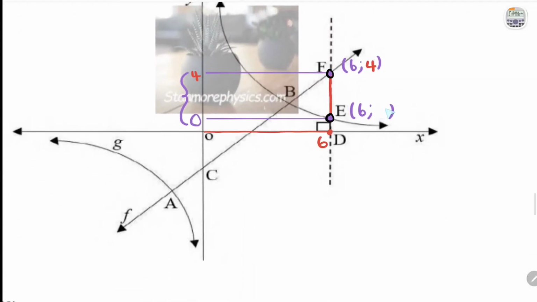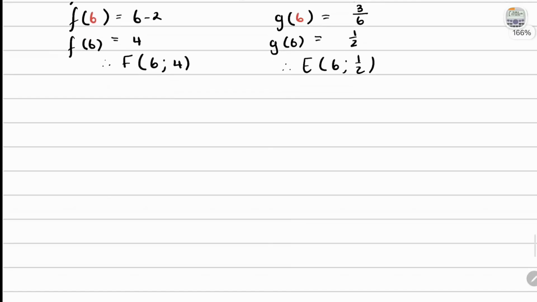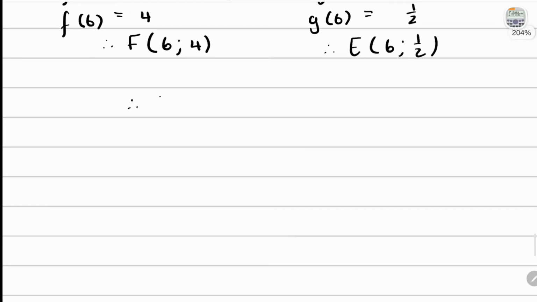We know this is a half. Okay, so to find the length of EF, you see that if you just say what is the distance from a half to 4, you must just say 4 minus a half and you'll find EF. So we're going to just write that down and tell them EF is found by saying 4 minus a half.